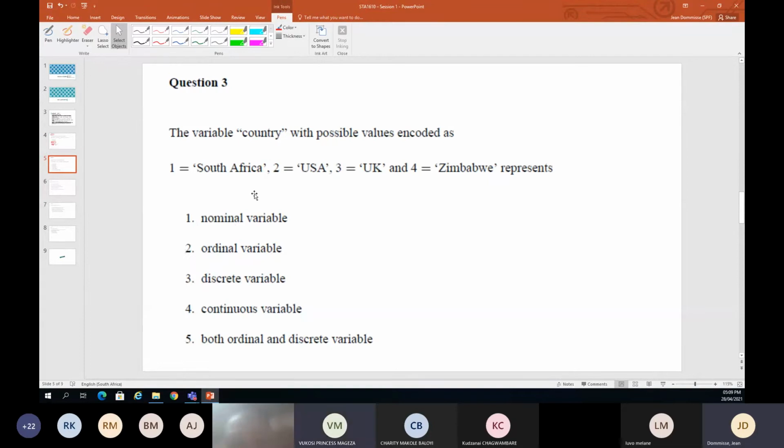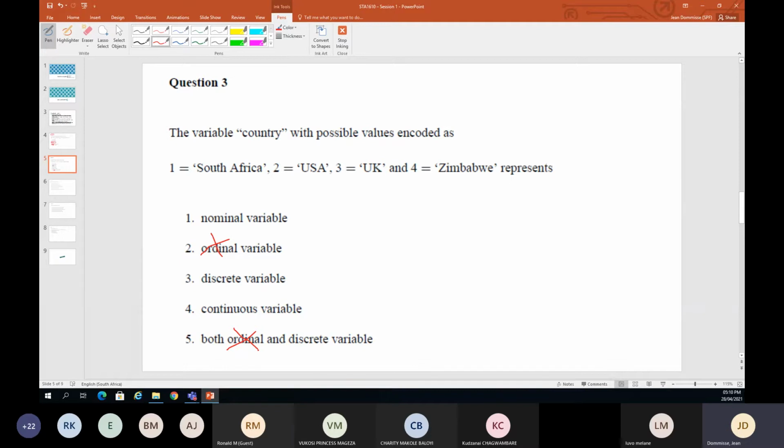If I look at this one, there's definitely no order in this. So it's not ordinal. If this was a question in the exam, I would have looked at it and said, okay, let's make it easy. Let's take out the 2 that is ordinal.